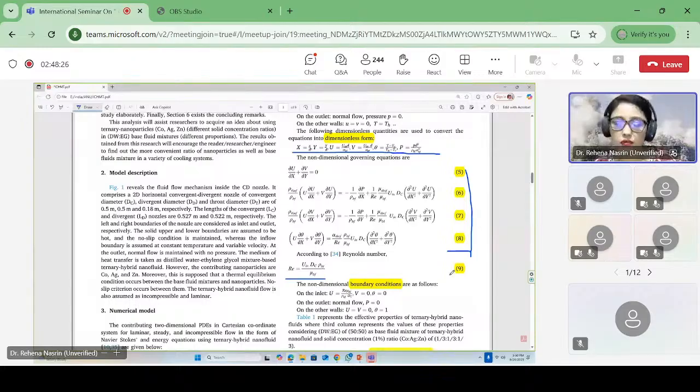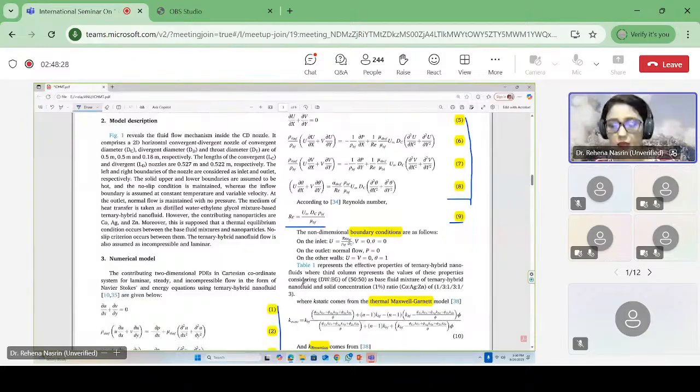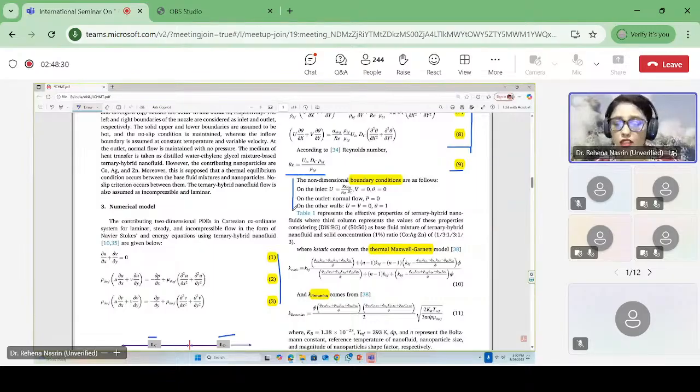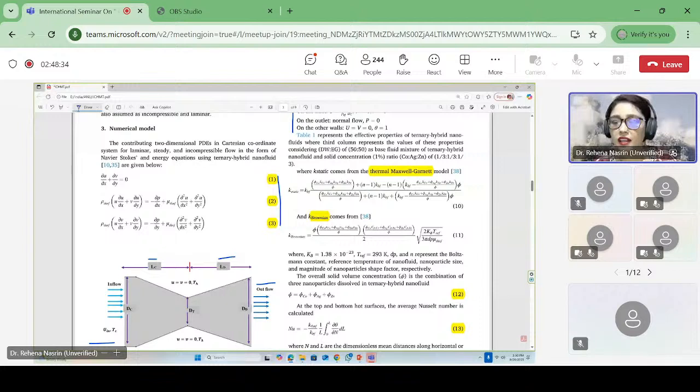The Reynolds number is the forced convective parameter, and this is the boundary condition we have considered. And the Maxwell-Garnett model for thermal conductivity of nanofluid, we consider the Maxwell-Garnett model. There are two parts. One is the static part, and another is the Brownian part of this Maxwell-Garnett model.